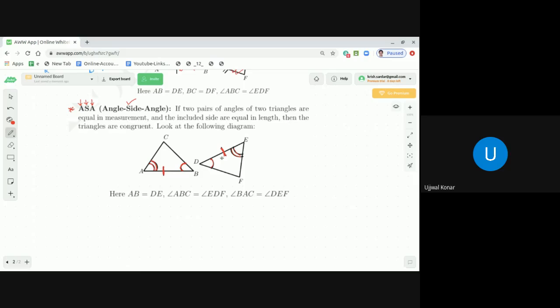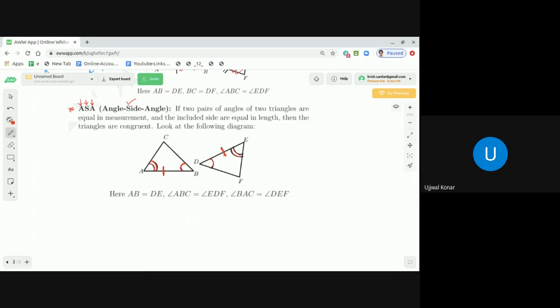If these 2 sides are equal in length, you can say these 2 triangles are congruent under the ASA rule. Now, here also, we are not spending time to measure the 6 parts. Just by measuring the 3 parts, we are able to conclude it.